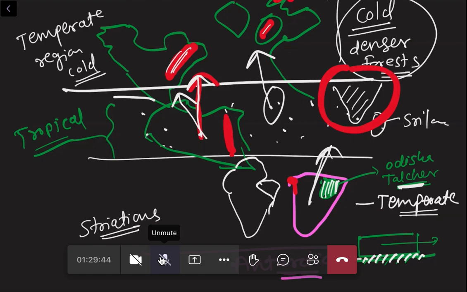Similarly, in some part of Africa, we find glacial till. So this till is nothing but glacier deposits. How in Africa? Africa is a very hot continent, isn't it? So how was there a glacier in Africa? Yes, there was. It was in the temperate region earlier, and now it has moved towards the tropical region. It moved upward.